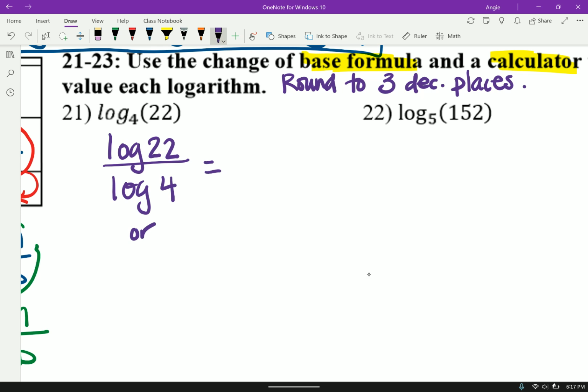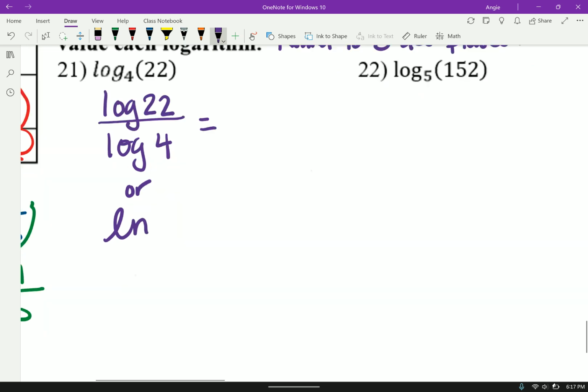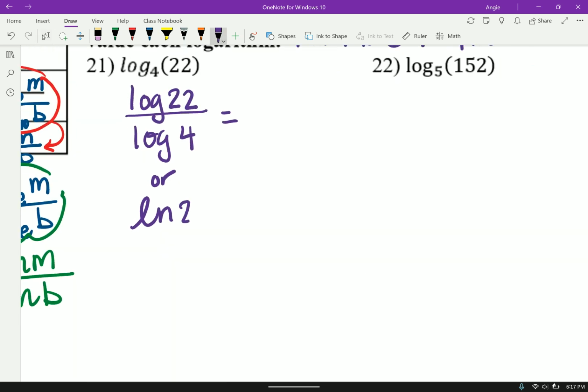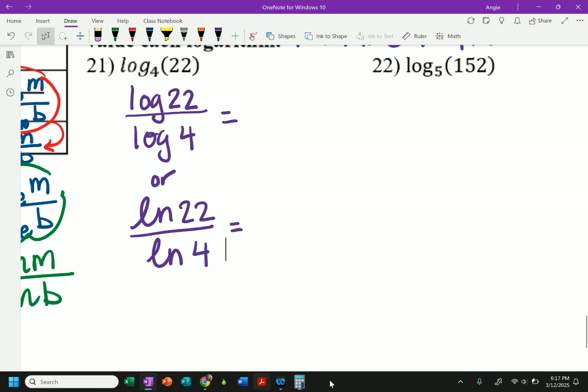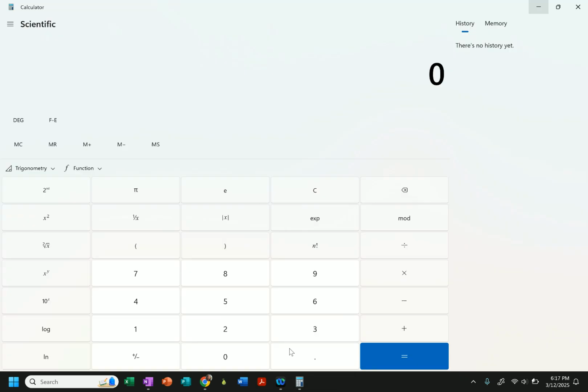Or we can use the natural log button, remember the natural log is log base e, so natural log of 22 divided by natural log of 4. Now, I want you to punch those both in. So figure out, students, if your calculator is going to need you to press log first, or look at my calculator, I'm going to show you guys really quickly.